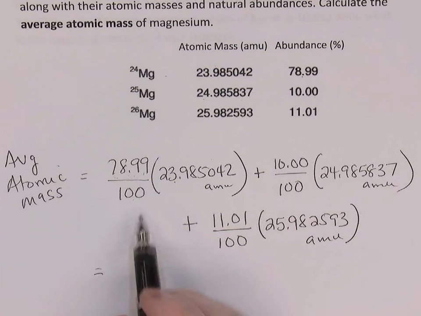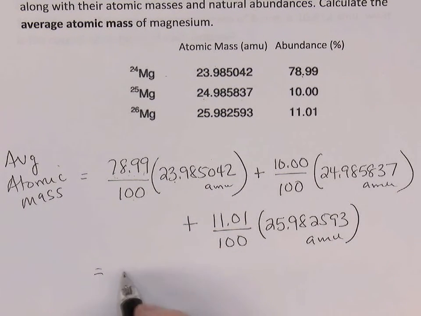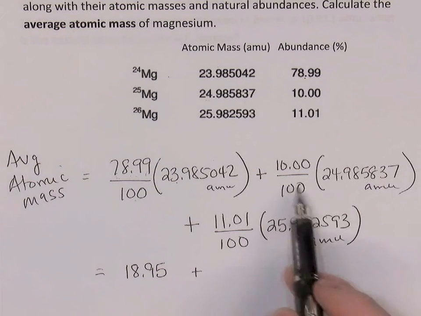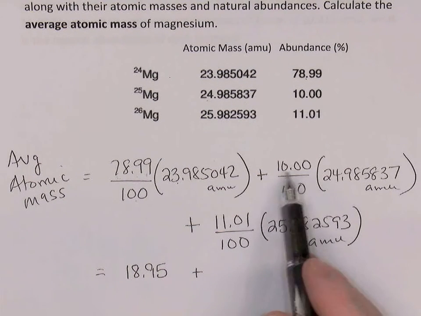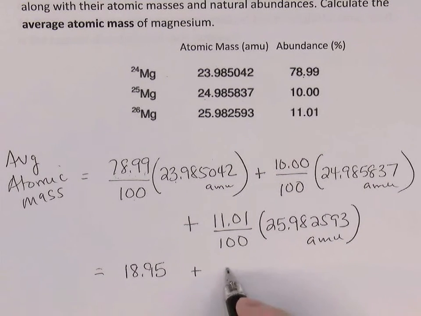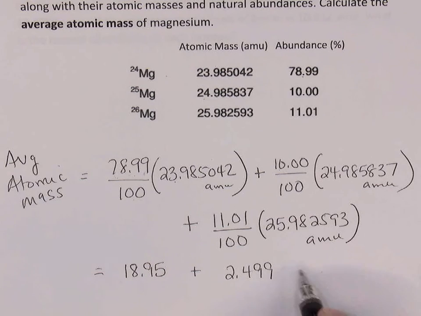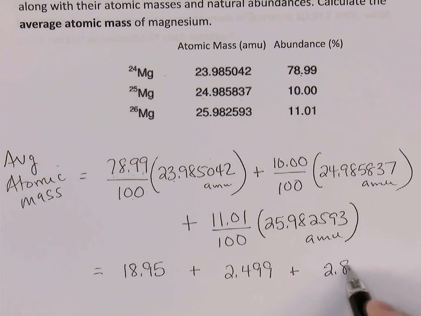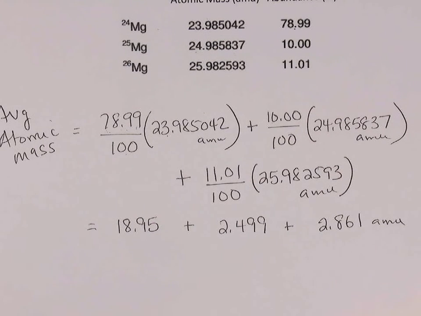So equals, multiplying these and keeping 4 digits in our answer, we get 18.95 AMUs, plus multiplying here and keeping 4 digits again, 10.00, we get 2.499, 4 significant digits, plus, again multiplying here, keeping 4 significant digits, we get 2.861 AMUs.